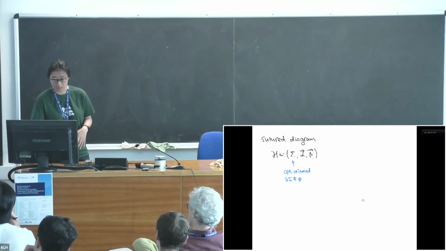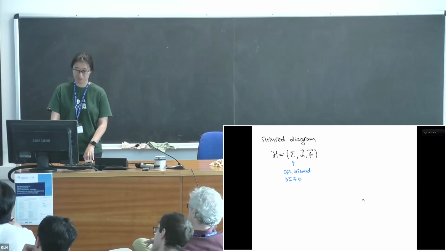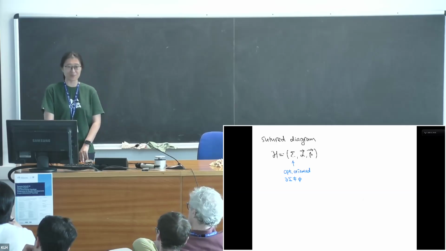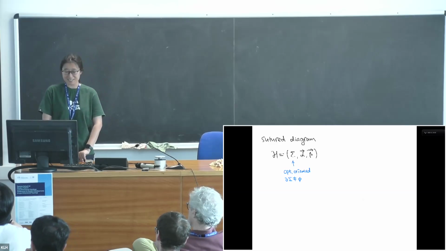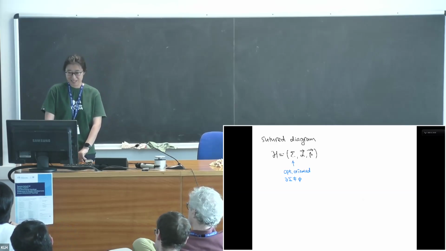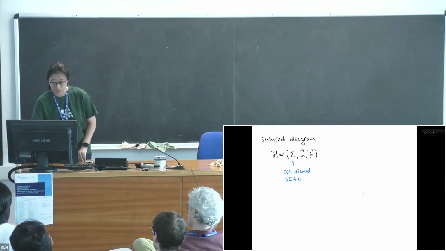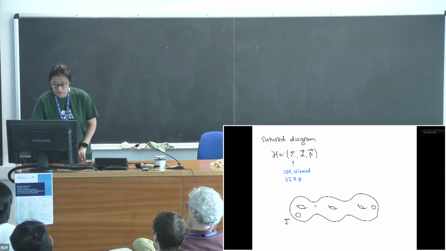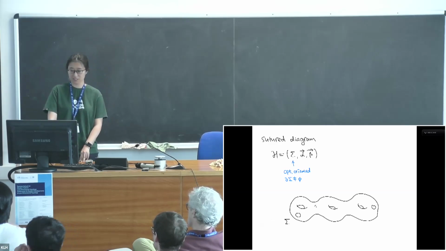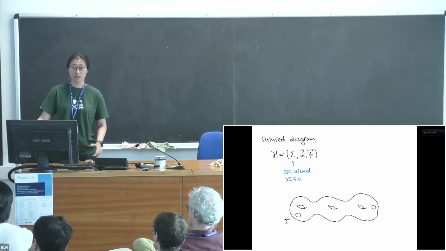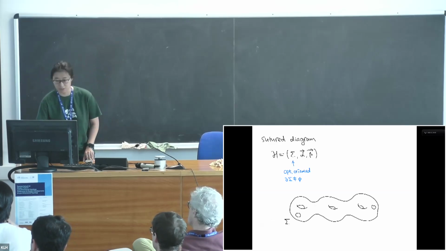Okay. So first we review what suture diagrams are. A suture diagram is a triple. You start with a compact oriented surface where the boundary is non-empty. So something like this: you have a genus 3 surface, and you have two boundaries which are marked by circles.